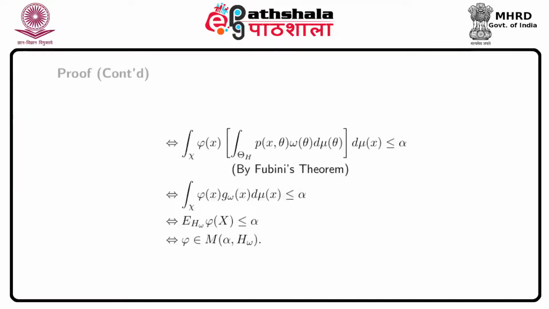Now, by Fubini's theorem, these two repeated integrals can be interchanged, and we get the integral over script X of φ(x), and within brackets the integral over Ω_H of p(x, θ) w(θ) dμ(θ), dμ(x), less than or equal to α, which is equivalent to the integral over script X of φ(x) g_w(x) dμ(x) less than or equal to α, and that is equivalent to the expected value under H_w of φ(x) less than or equal to α. That gives that φ belonging to M(α, H) implies that φ belongs to M(α, H_w).